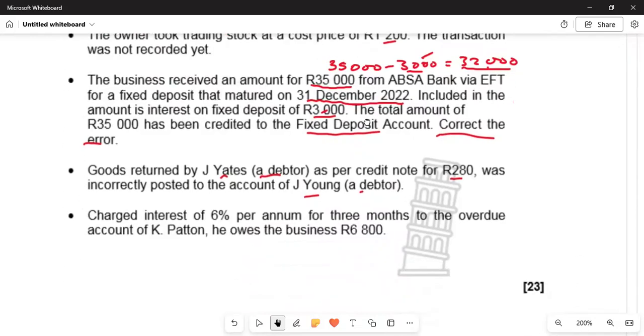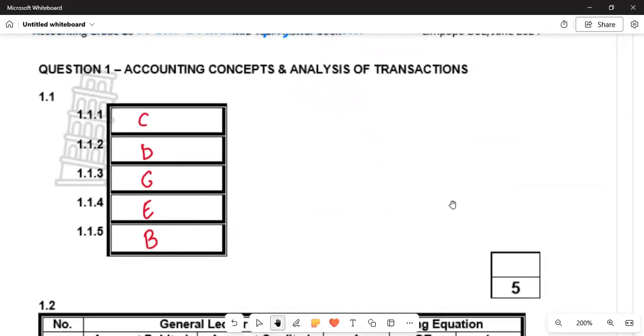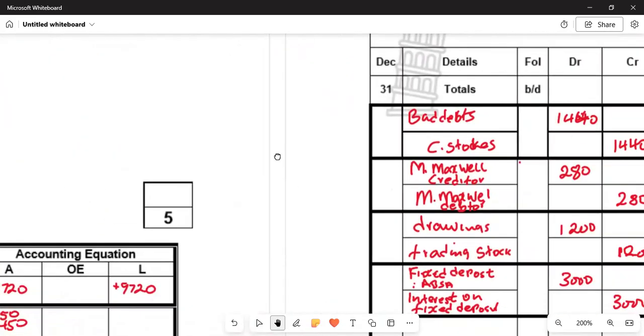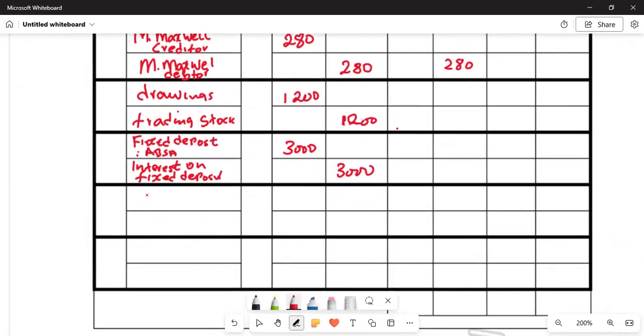Now we move on. We say J Young. We debit J Young with 280, as we have said, this reverses the wrong credit made to J Young's account.